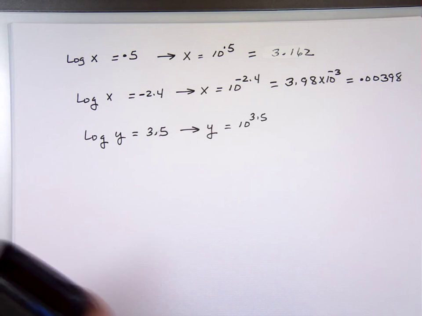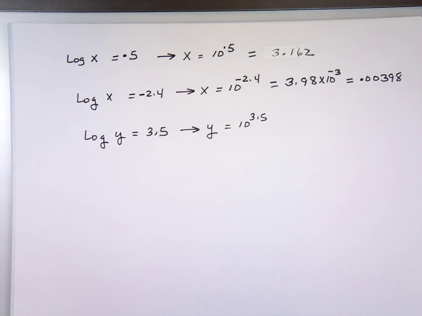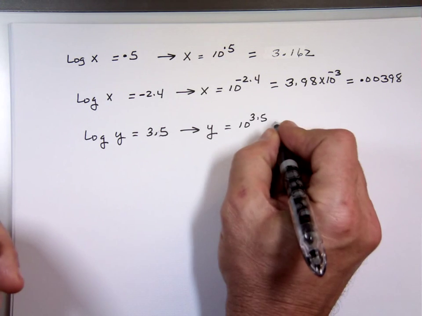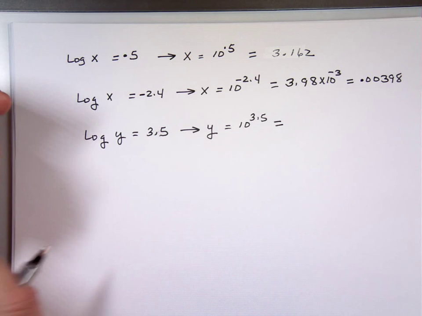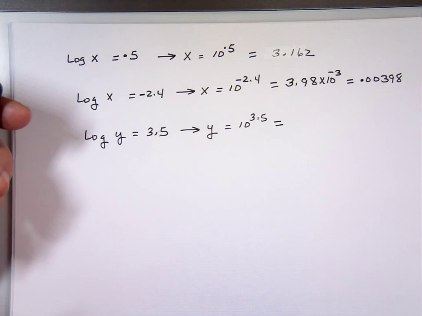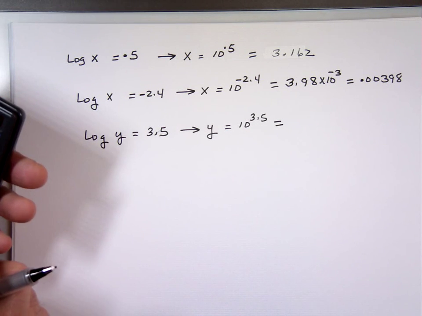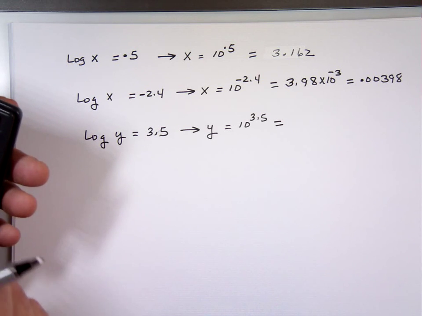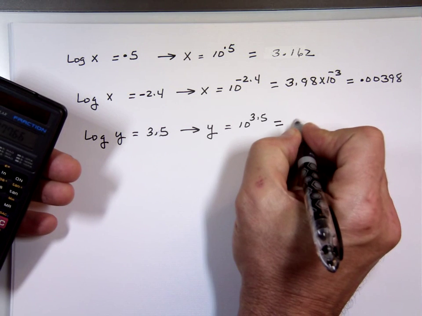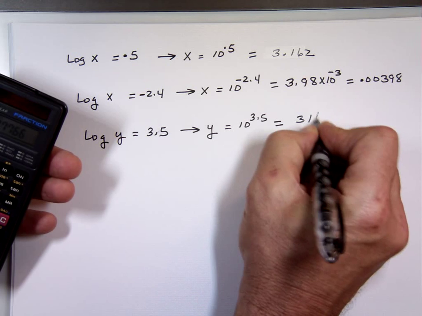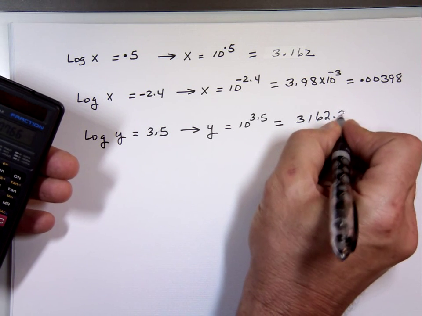I don't know what format your calculator gave you. Let me know if your calculator is giving you something different so we can help you with it. This one, 3.5, 10 to the power: 3162.3.